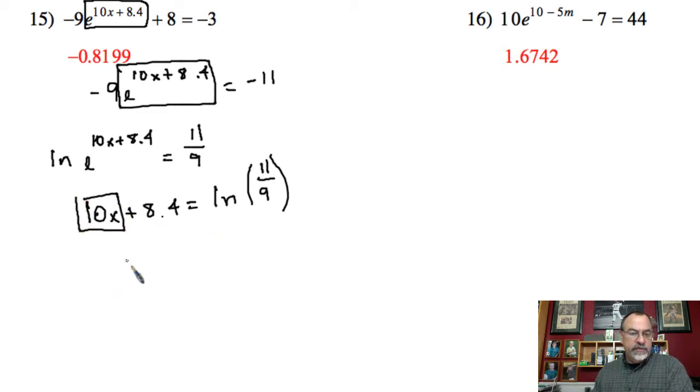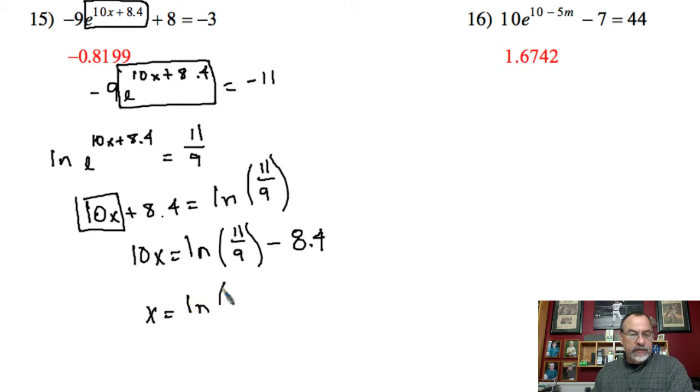So now here's the variable. I need to isolate it, so I'm going to subtract 8.4. So we're going to have 10x is equal to the natural log of 11 over 9, minus 8.4, and then we're going to divide by 10. So x is the natural log of 11 ninths minus 8.4, and all of that is going to be divided by 10.